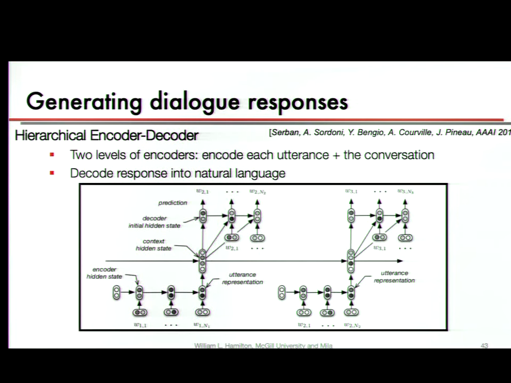We have one LSTM that's maintaining the conversation-level information, and then at each step of this high level LSTM, we're using the hidden state generated by that high level LSTM to run a lower level LSTM that actually generates the particular utterance at that step in the dialogue. So not something I expect you to know the details of, but just to give you a sense of the ways in which people are combining and doing really cool state-of-the-art research with encoder-decoder models and deep learning in general.